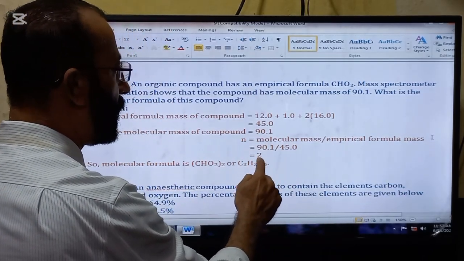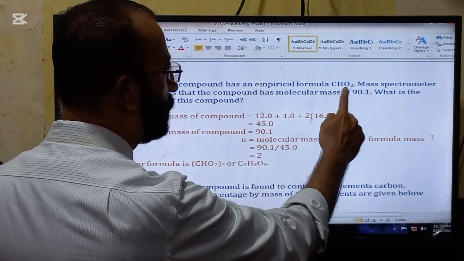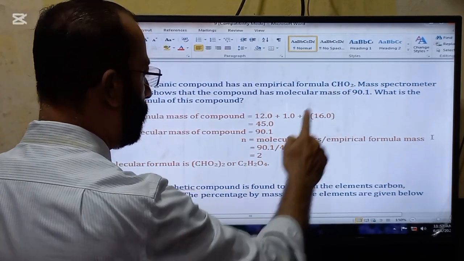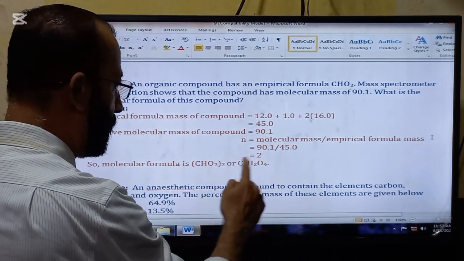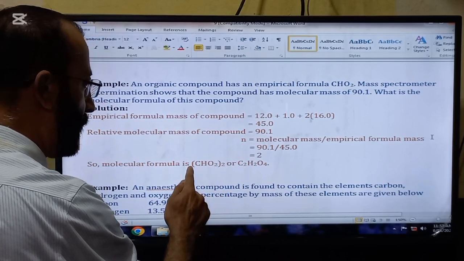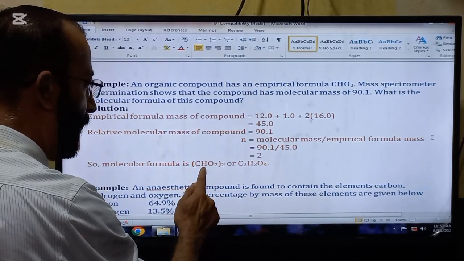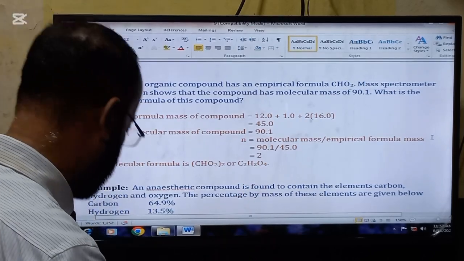So now this is the number which will be multiplied with the subscript of the empirical formula. So look now, CH2O in brackets, and this 2 will be placed outside, and in the next step that 2 will be multiplied inside. So C2H4O2. So this is the molecular formula.